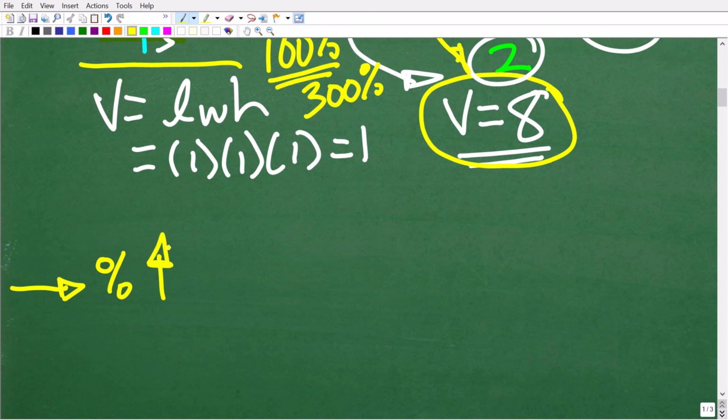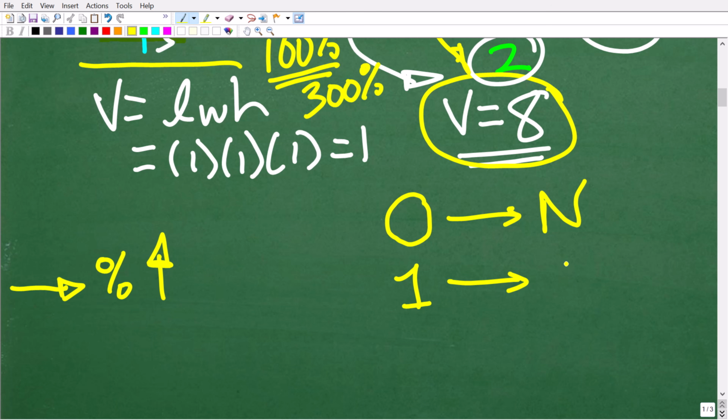And let's just kind of establish a few things here. So what we're doing is we're going from an old or an original amount to a new amount. So in other words, we're going from this original volume of 1 and we're increasing the volume to 8. So there is a percentage of increase that's going on here. So you want to be thinking in terms of the starting amount to the new amount.